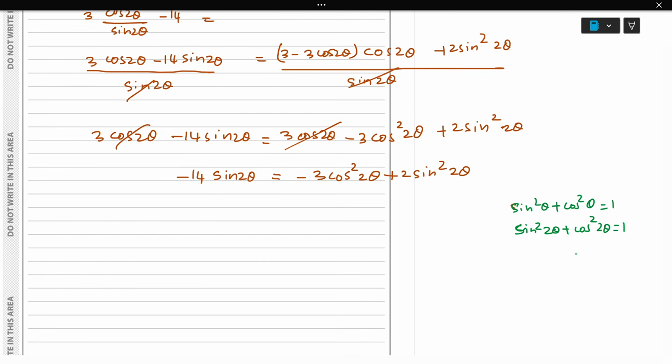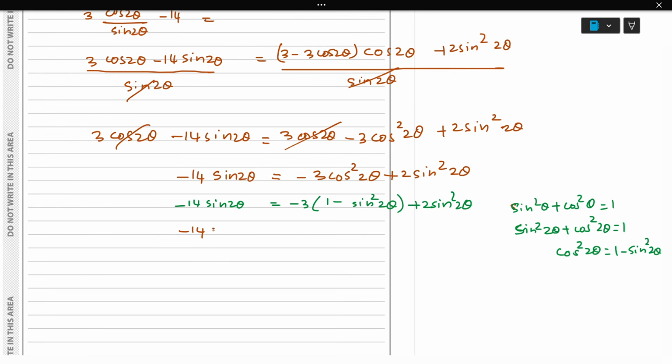Make cos square 2 theta the subject: cos square 2 theta equal to 1 minus sin square 2 theta. So I'll apply here: minus 14 sin 2 theta equal to minus 3 into 1 minus sin square 2 theta plus 2 sin square 2 theta.